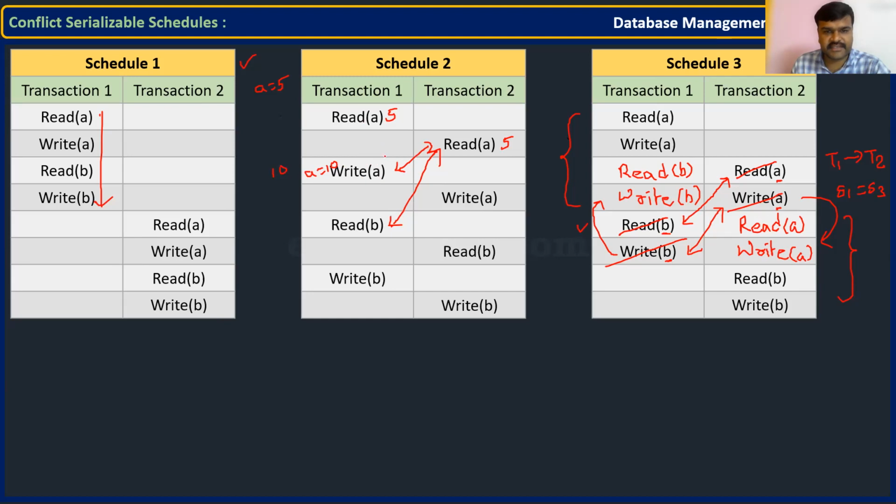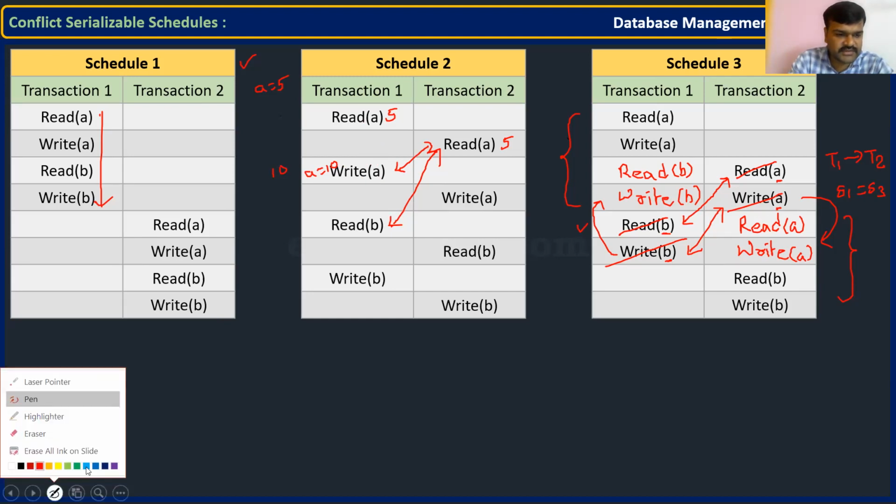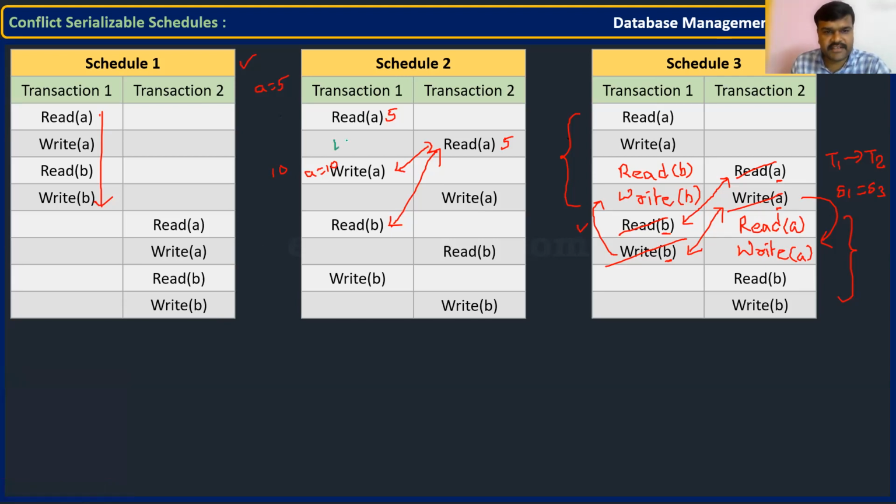But for example, if you swap those two operations, if I have a write operation on A here, and a read operation on A here, what's going to happen? You will read this as 5 here, no problem. And you are going to write A value as 10. That means you have written 10.